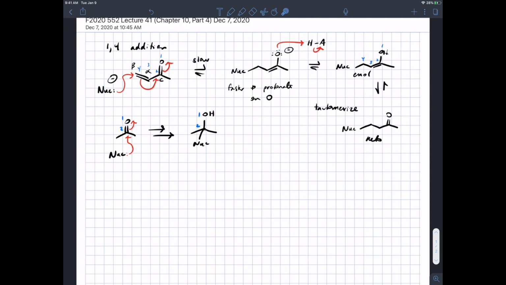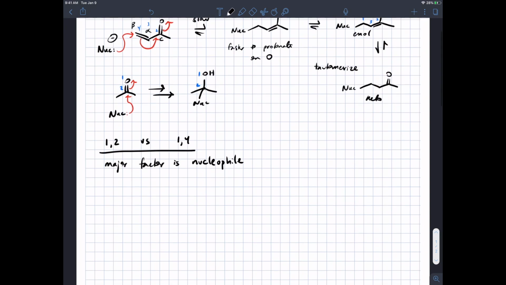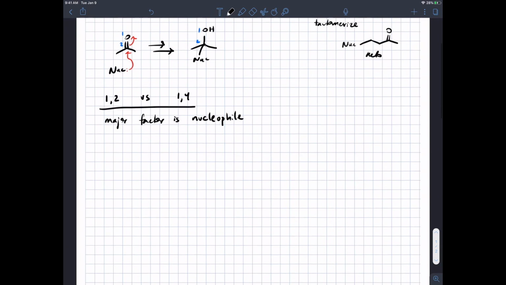However, the major factor is the identity of the nucleophile. And again, this is something I didn't really know. To distinguish which nucleophiles will add where, we're going to go to hard and soft acid base theory.